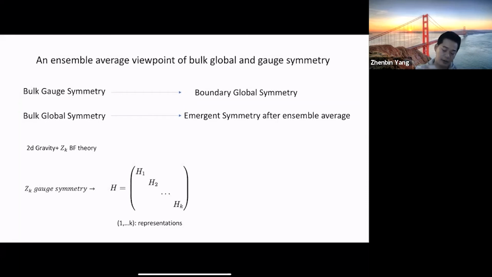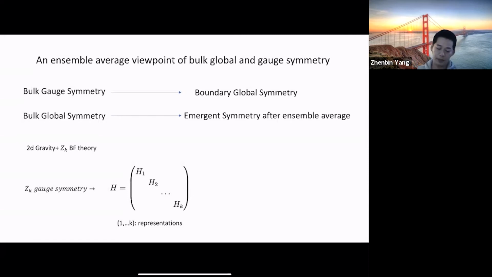First, this BF theory has a Z_K gauge symmetry that will induce a boundary Z_K global symmetry, and that means the Hamiltonian will be block diagonal in the Z_K representations. Here, 1 to K correspond to the different representations of the Z_K symmetry, and H_1, H_2 to H_K have no relations; they can be different.